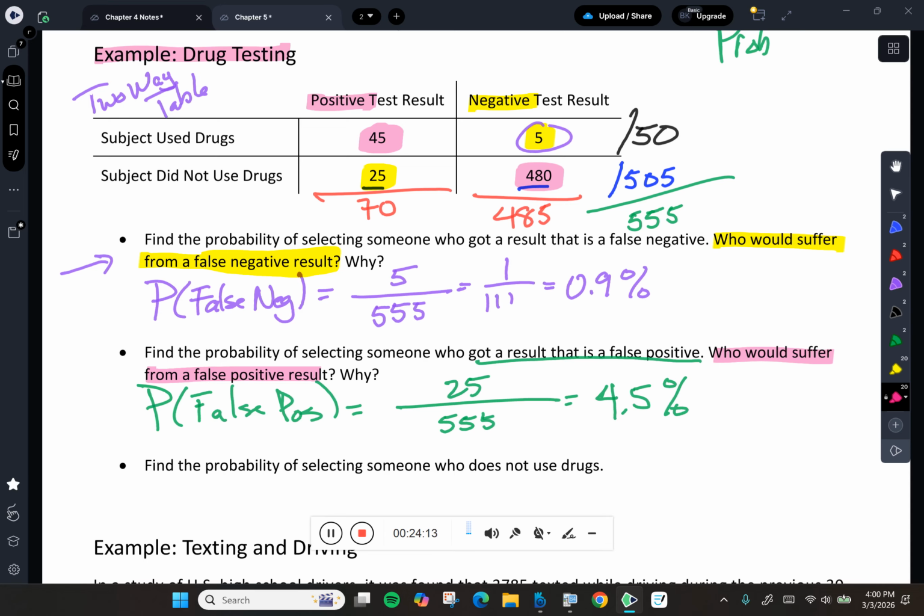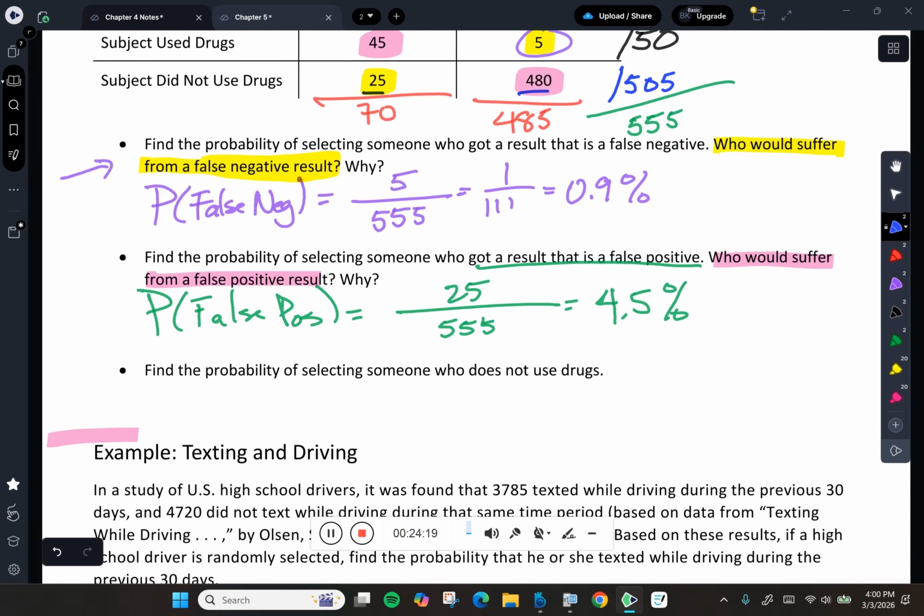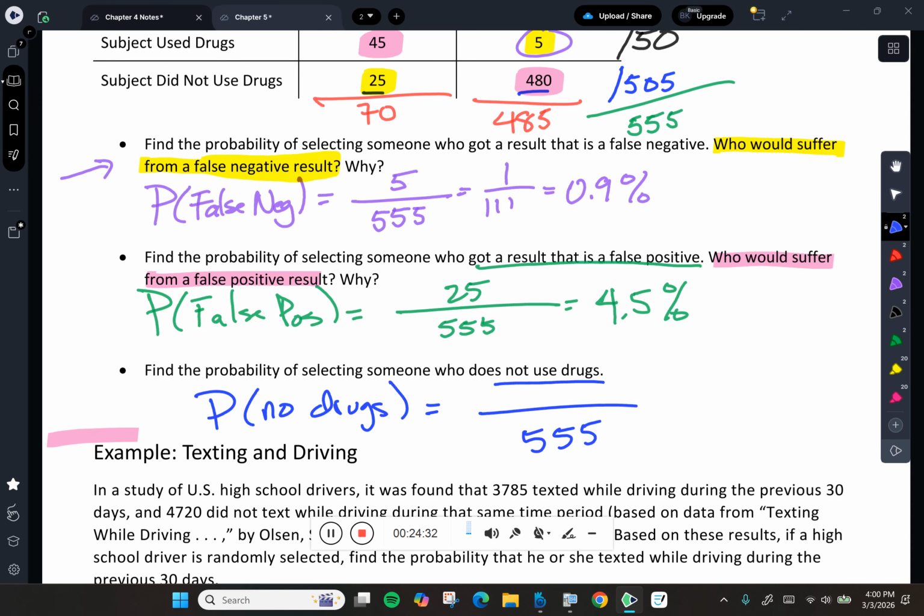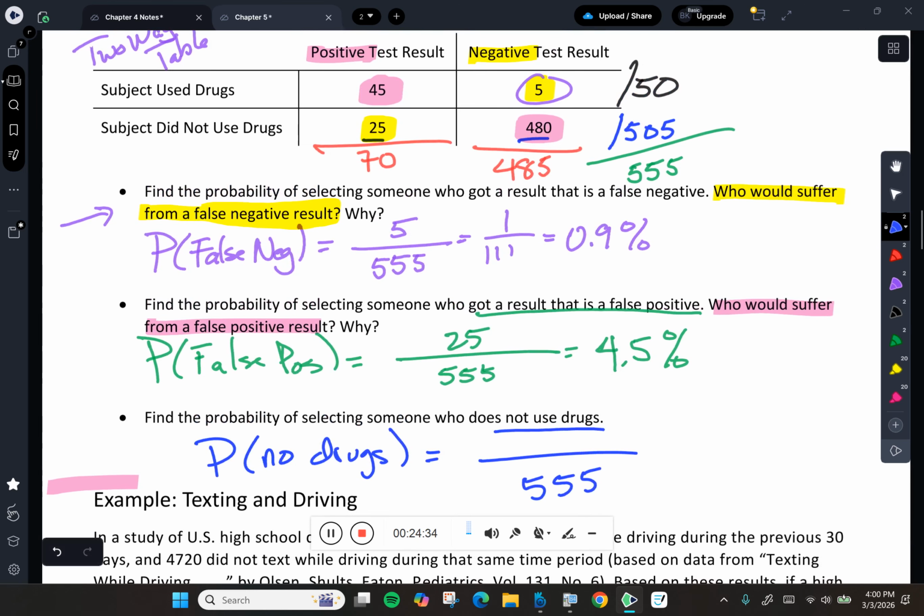A little bit easier. All right. Last one, and then I think we might stop here and break the video into 2 there. All right, last one, they're going to ask us to find the probability of someone who does not use drugs. Okay? The probability of no drugs. Well, I'm pretty sure at this point it's going to be something out of 555 because that's everybody. So who didn't use drugs? Well, the answer isn't any number in the table that was given to us.